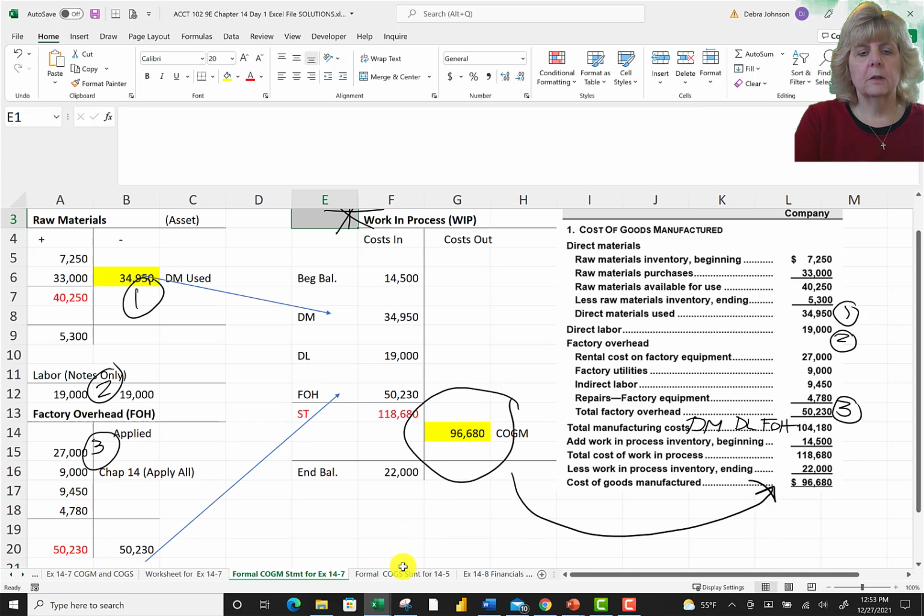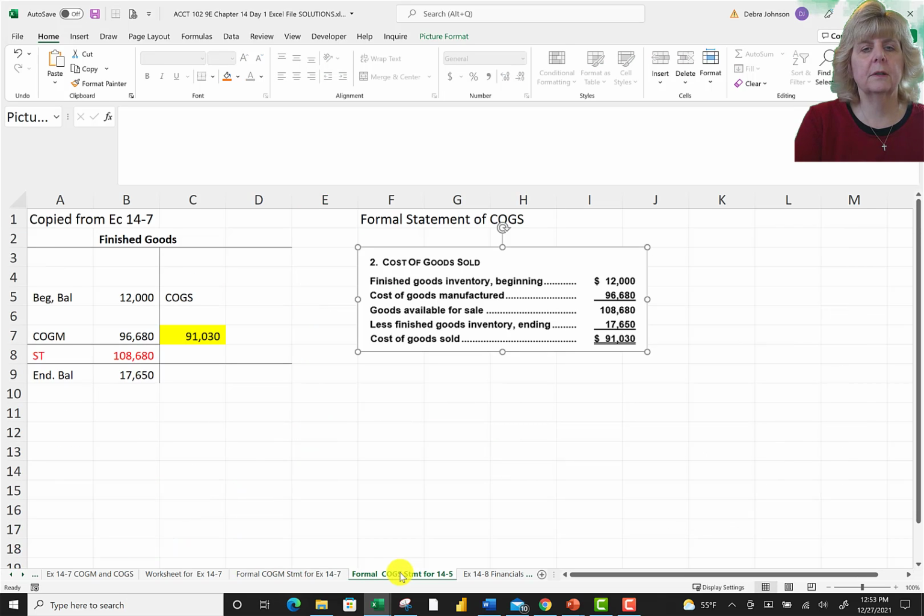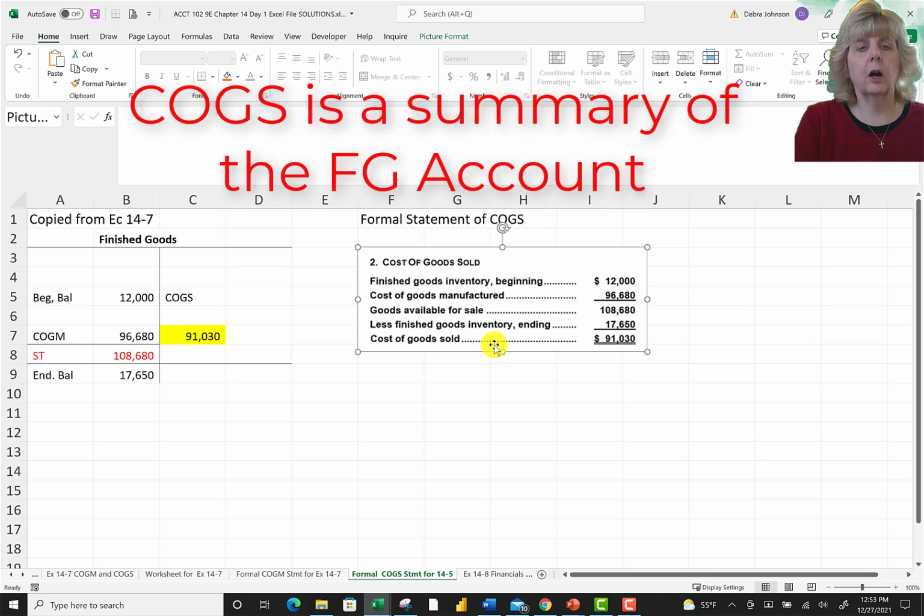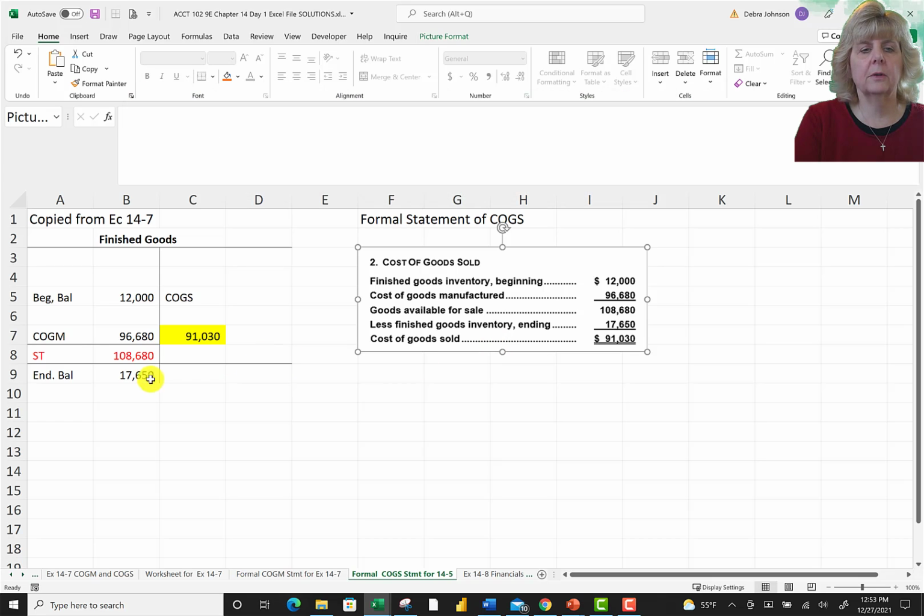Finishing up this problem, look at the formal cost of goods sold statement. As we mentioned earlier in the lecture, the cost of goods sold statement is a summary of the finished goods accounts. So you can see that this finished goods account is simply summarized on the financial statement.